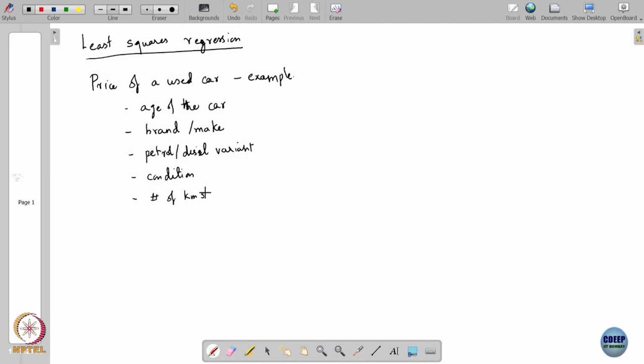So, these, in the language of machine learning, are what are called features. Features are what I was calling input variables. And the price of the used car is what we want to infer from them.